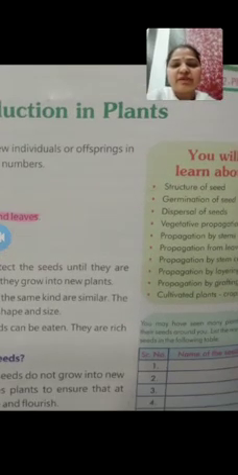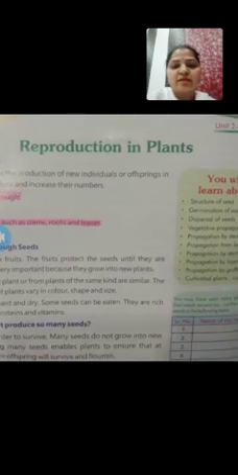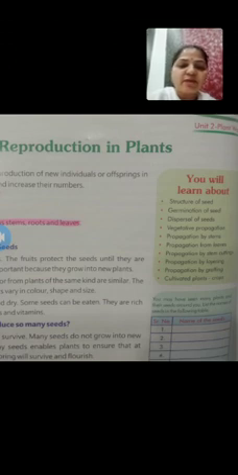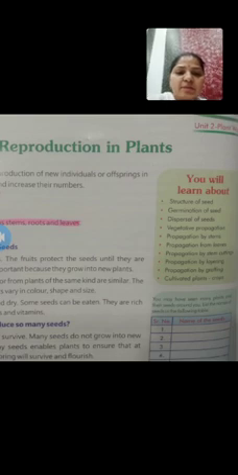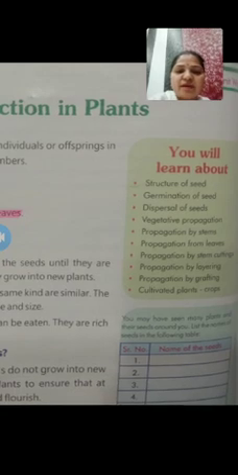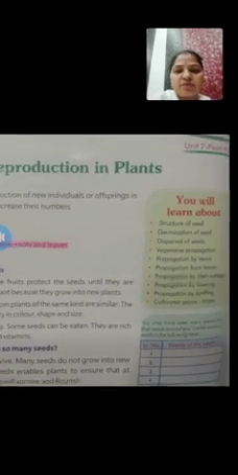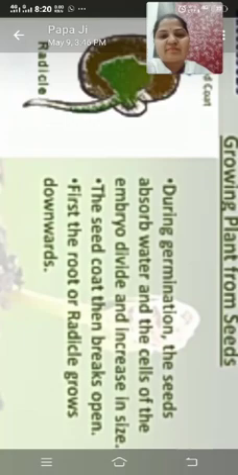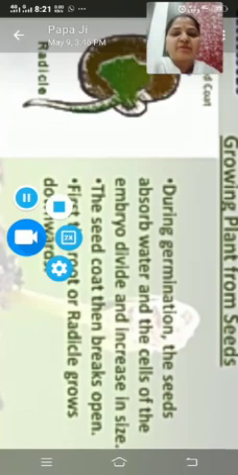In this chapter, we will discuss these subtopics: structure of seed, germination of seed, dispersal of seed, vegetative propagation, propagation by stem, propagation by leaves, propagation by cutting, propagation by layering, propagation by grafting, and cultivated plants crops. So let's start the chapter.